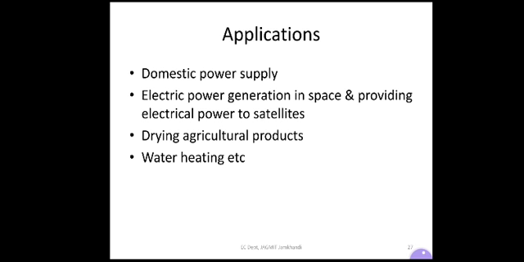It is also used in drying agricultural products, and the common use of solar cells is for water heating, domestic or in any other area. The main purpose of the solar cell is generating electrical power. So these are some applications of solar cells.